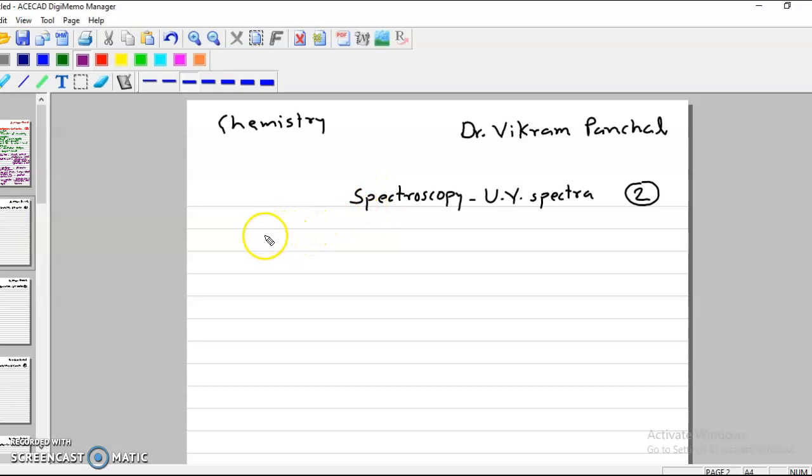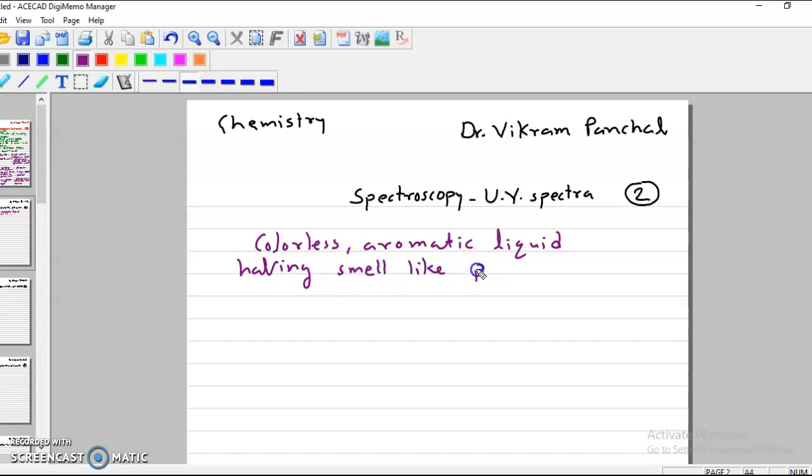Our compound is a colorless, aromatic liquid having a smell like petrol, and boiling point 78 degrees Celsius with no particular functional group.